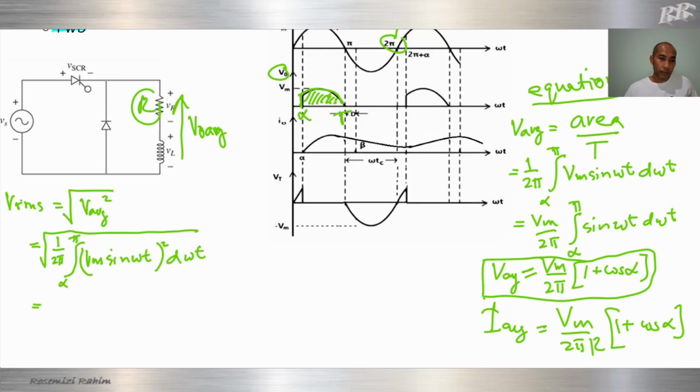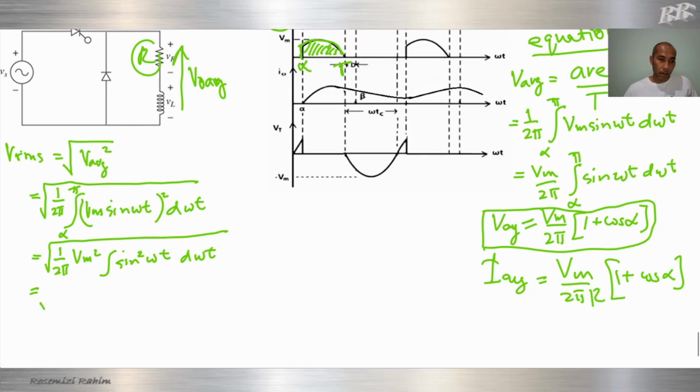We change to the identity, 1 minus cos 2 omega t over 2, d omega t.